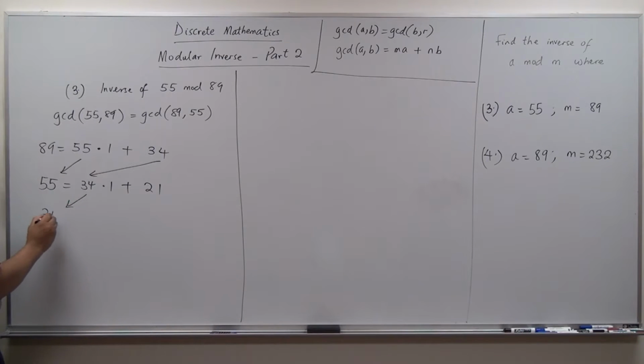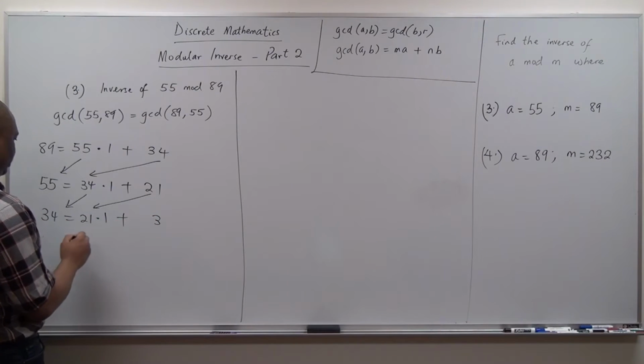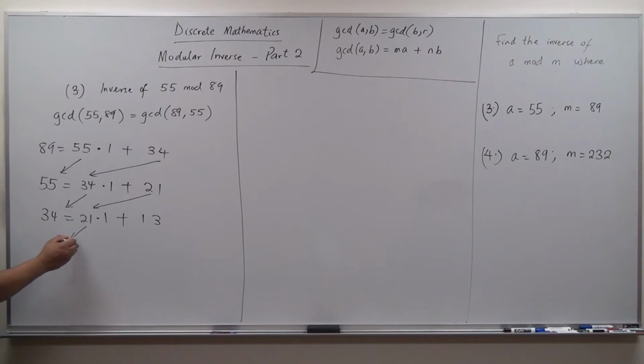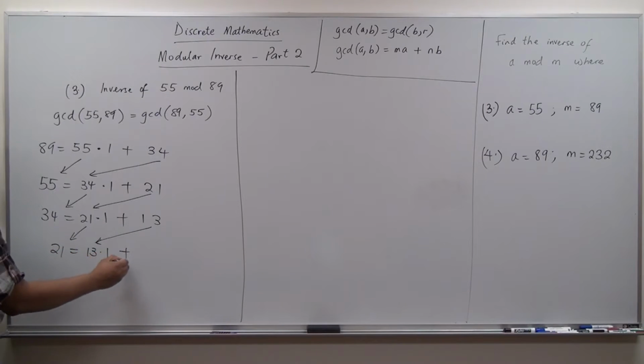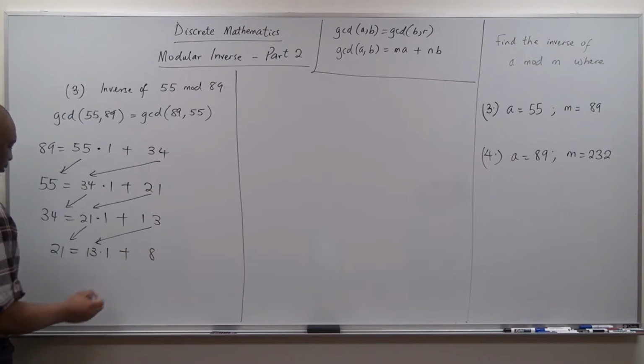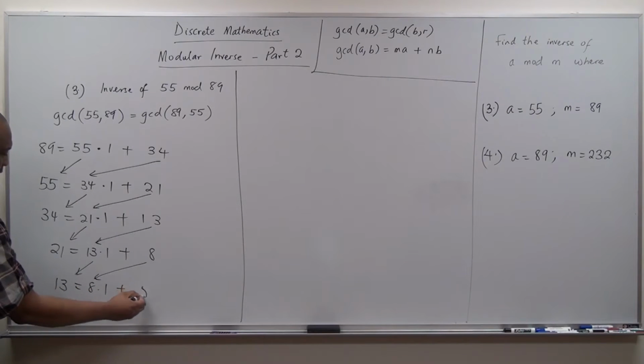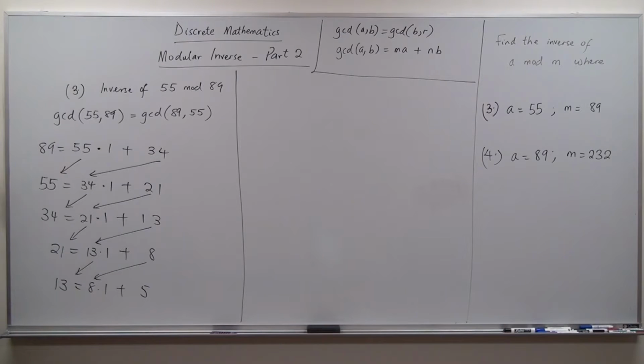Then 34 is equal to 21 times 1 plus 13. 21 is equal to 13 times 1 plus 8. Then 13 is equal to 8 times 1 plus 5.